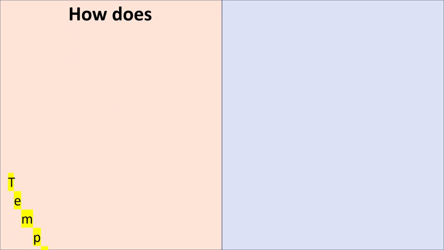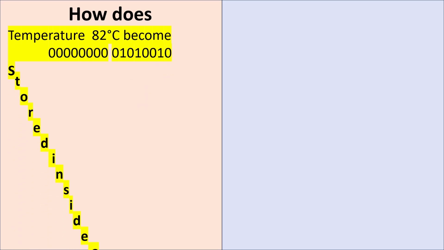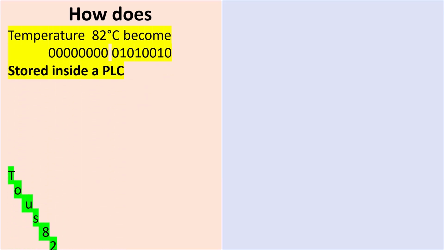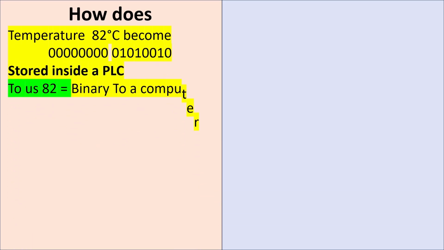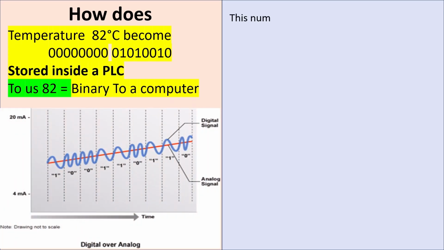How does a temperature of 82 degrees C become 8 bits, 0 1 0 1 0 0 1 0, stored inside a PLC? To us, 82, but binary to the computer.